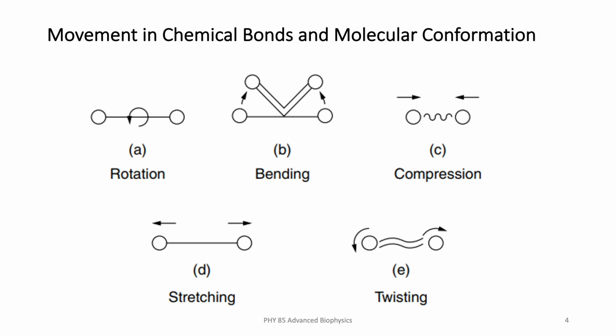We have the free rotation, bending, compression, extension or stretching, and twisting. Motions B through E are all spring-like motions. They occur with a restoring force, a force that somewhat opposes their motion and tends to restore the atoms back to their original position.